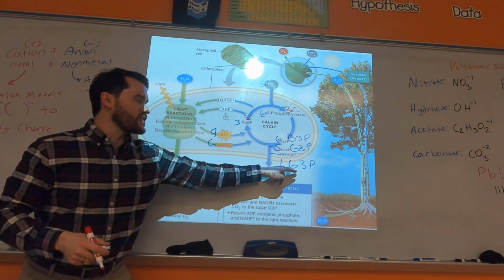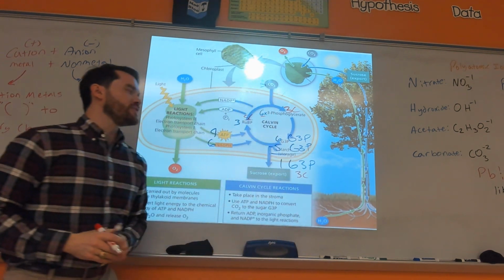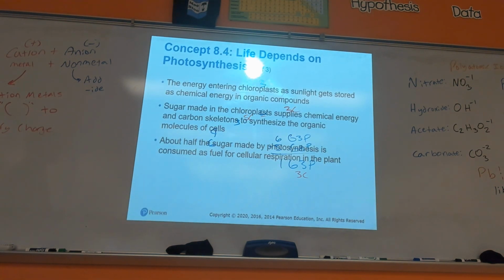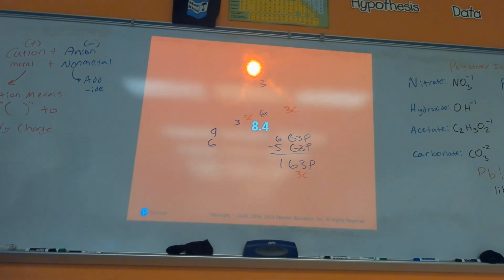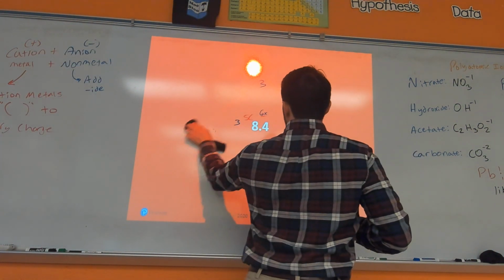And then you get out a G3P, a 3 carbon sugar, 1 of them. And then you're also going to regenerate the NADP plus and the ADP. Okay? So there you go. That's the simplest way I could go over photosynthesis.